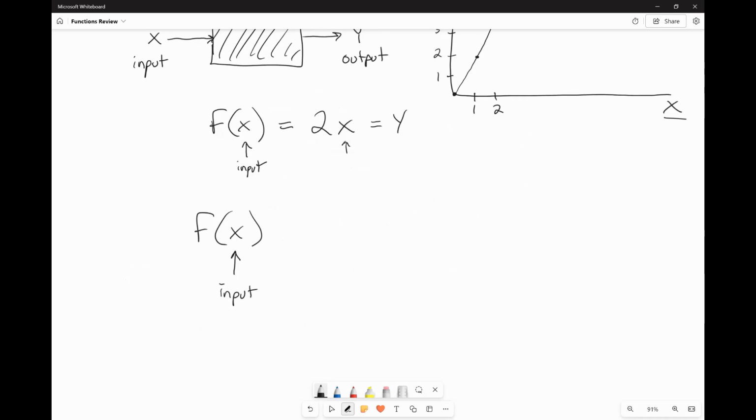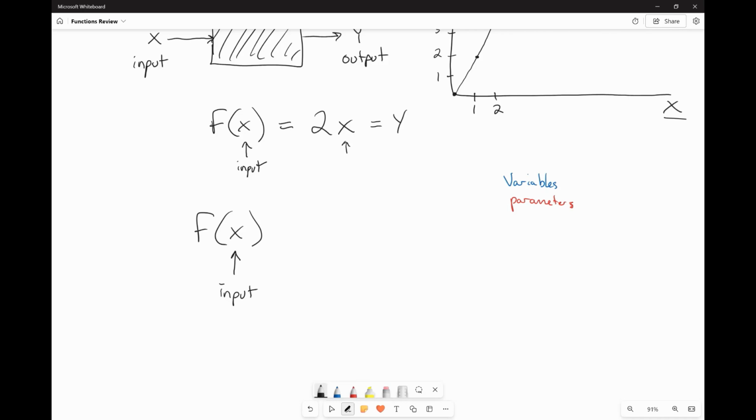And I'm going to make a distinction between inputs that are variables and inputs that are parameters. This is somewhat of an arbitrary distinction, but I like to make it because I think it's helpful conceptually sometimes when we do certain problems.